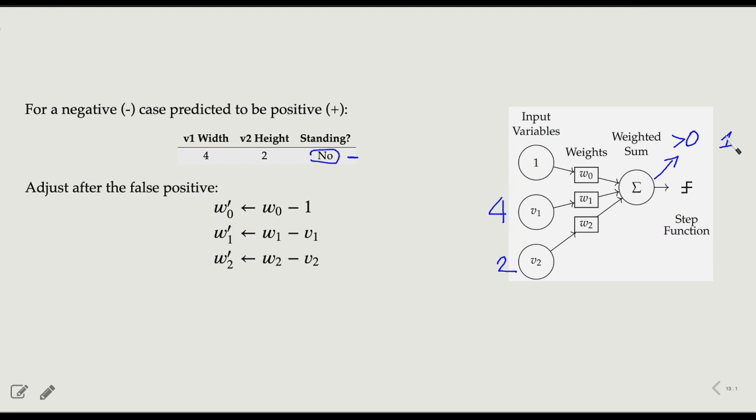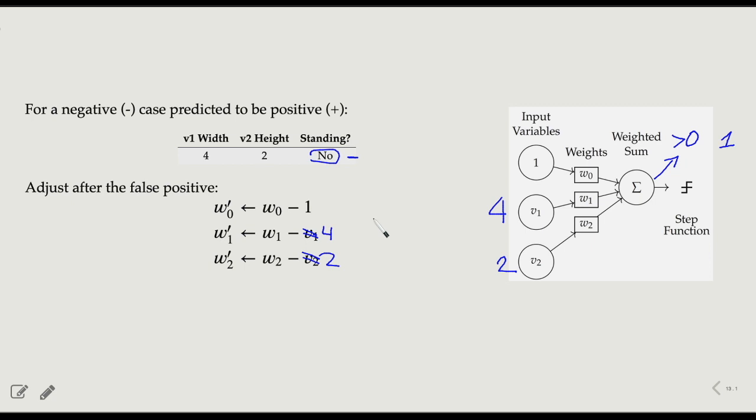Again, this is misclassification. So we think, how can we adjust the weight so that it's moving away from the wrong decision making? The idea is kind of the total opposite from the previous case. In the previous case, we added weights to the existing weight. Now we take away the weight. So we subtract the value of V1, which is 4 in this case, from W1, and then we subtract V2 from W2.